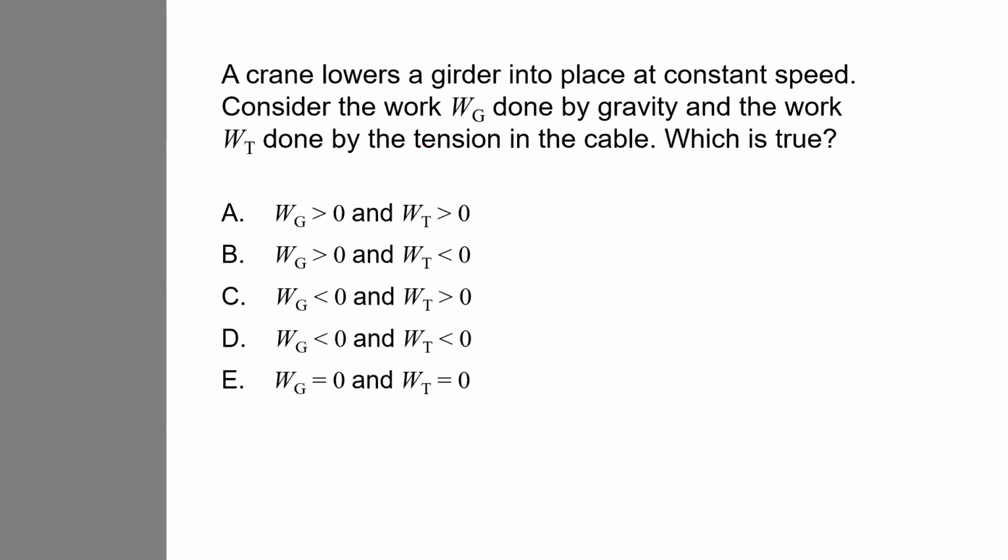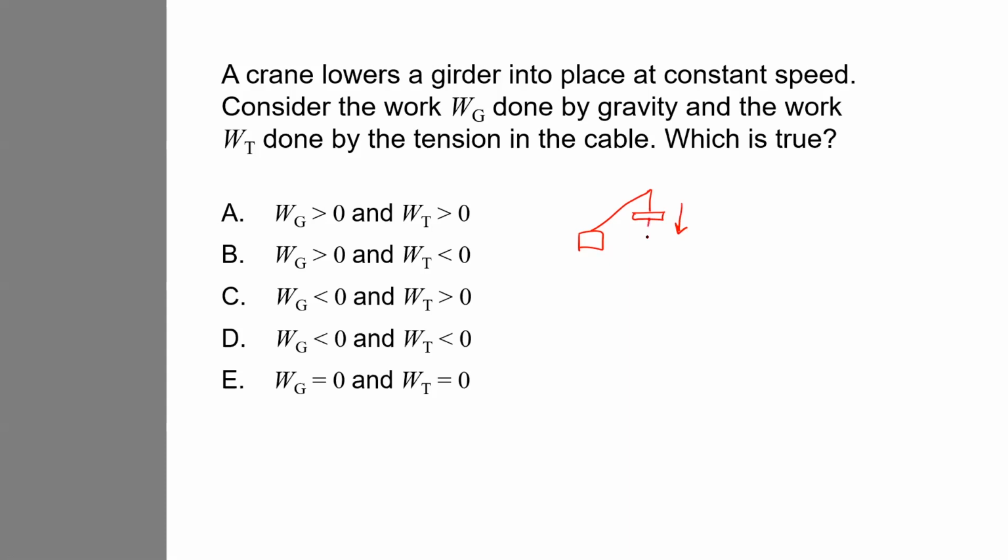What about this conceptual problem? A crane lowers a girder into place at constant speed. Now consider the work done by gravity and the work done by the tension in the cable, and which is true. So here, a girder, this is a crane, is being lowered, right?